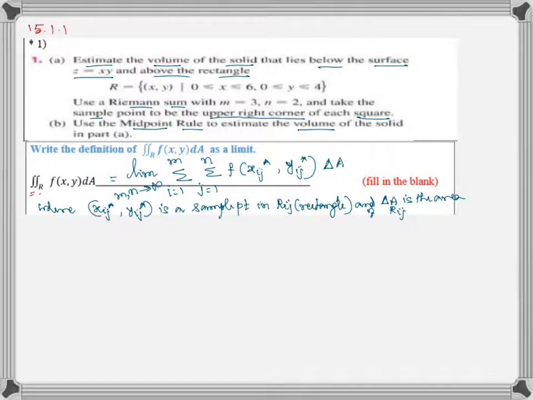We have done the same thing in Calculus 1, single variable class, where we do the integral of f of x dx, which is the area under the graph of the function, as a Riemann sum. So it is the limit, sigma i varying from 1 through n, and n approaching infinity, f of xi delta x.